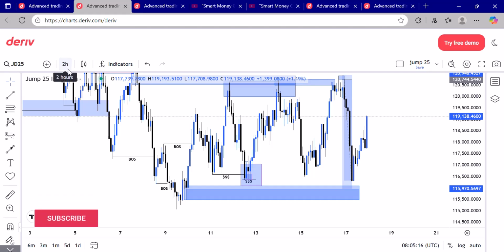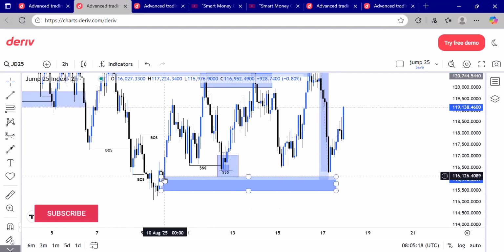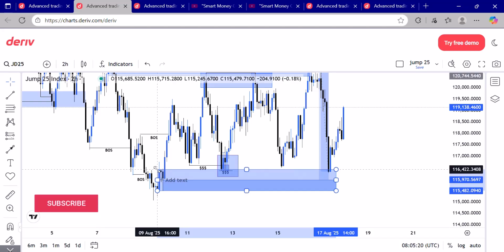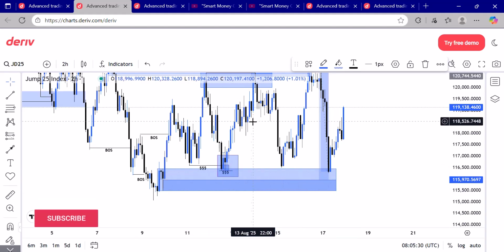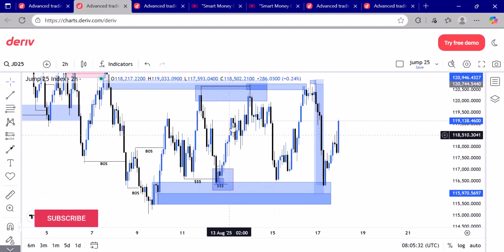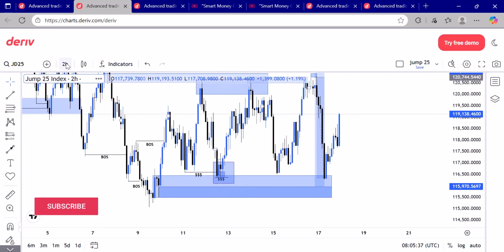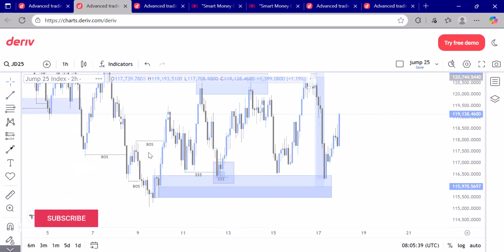This is our 2 hours time frame, and this is a zone, our order block here in the 2 hours time frame. But how did we miss this trade? Why did we miss this trade? Because we went down to our 1 hour time frame. Let's just wait for this to load.